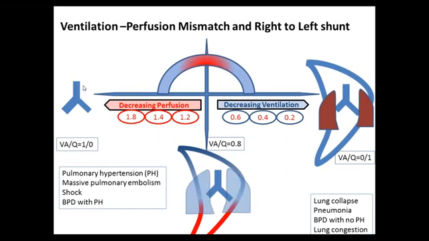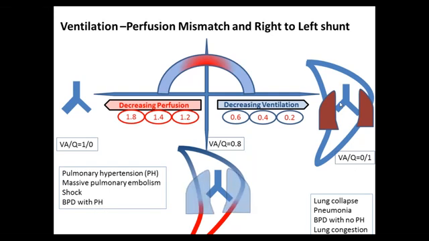Dead space is when you have air passing through the air passages and the alveoli, and there is no blood flow around. Conditions like this include pulmonary hypertension with vasoconstriction of pulmonary blood arterioles, massive pulmonary embolism, shock, and chronic lung disease with significant pulmonary hypertension.